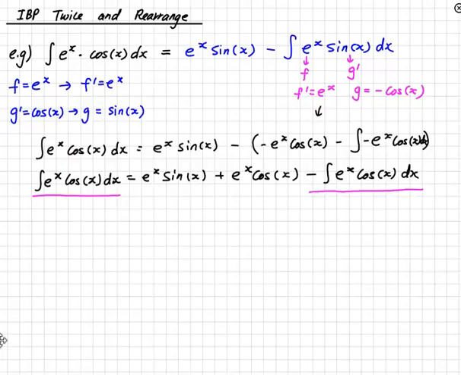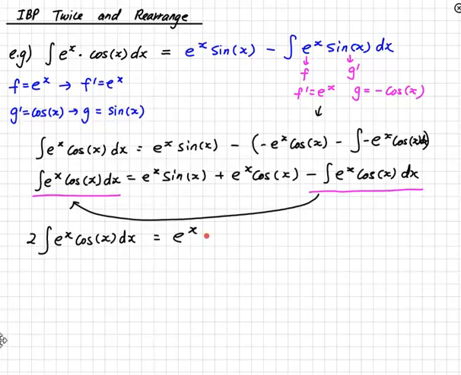So I can actually rearrange it. So move this one to the left-hand side, so it becomes plus. So I have 2 times the integration of this equals e to the power of x. In fact, this one I can factorize. So I have sine x plus cos x.